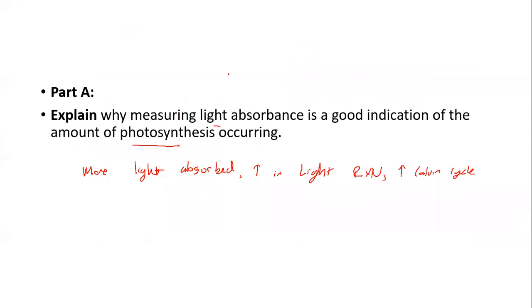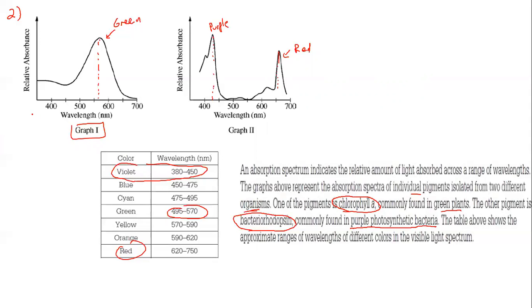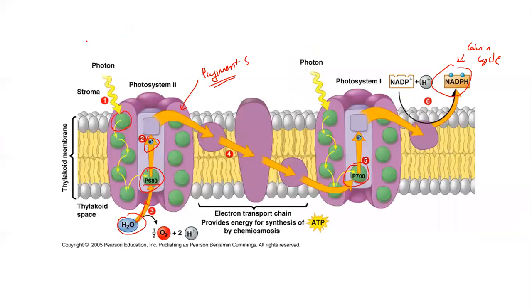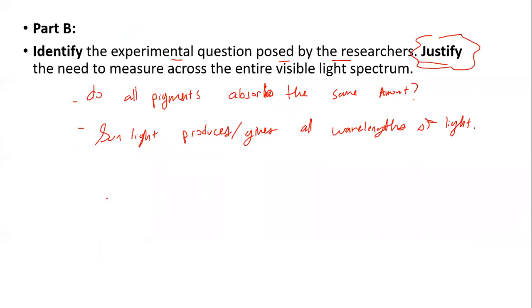Again, sunlight produces all that, but another thing too is that each pigment is specific to the wavelength it absorbs. I would even add that to this as well.